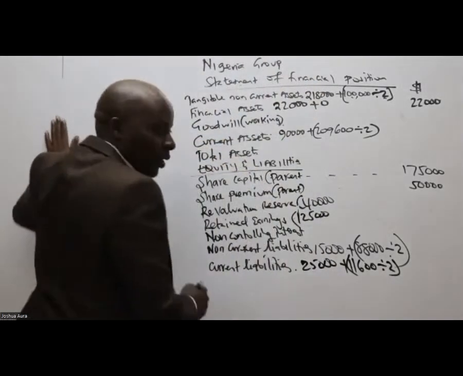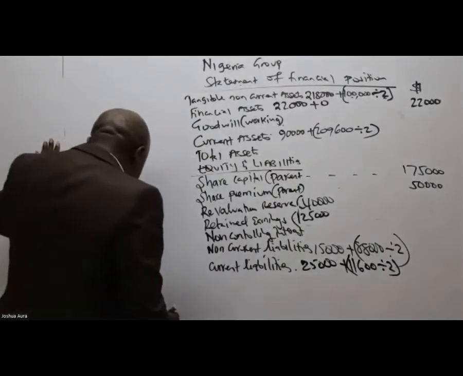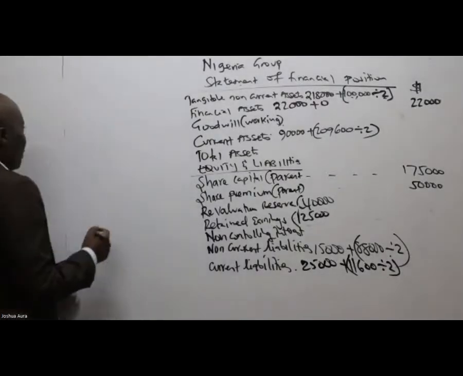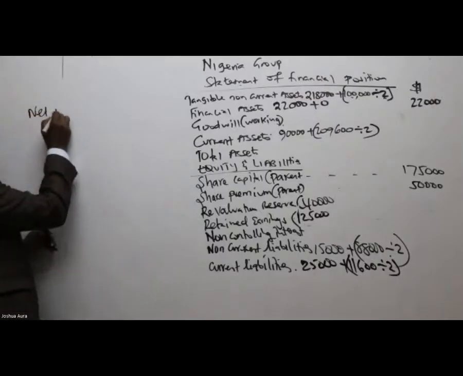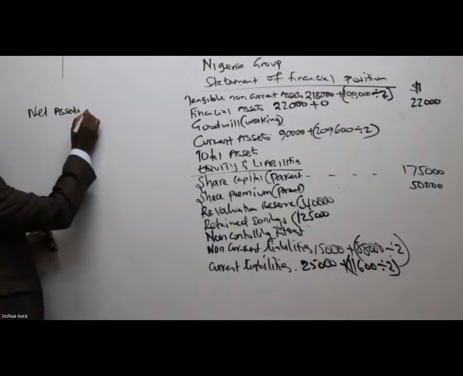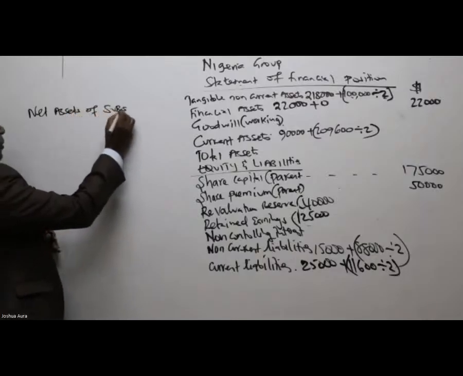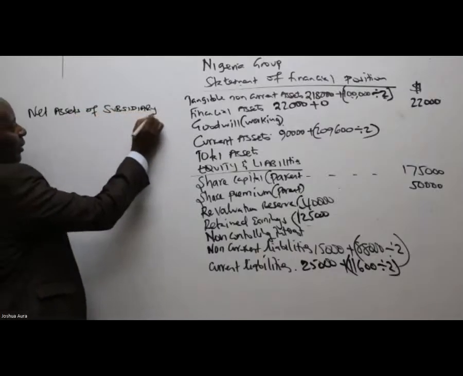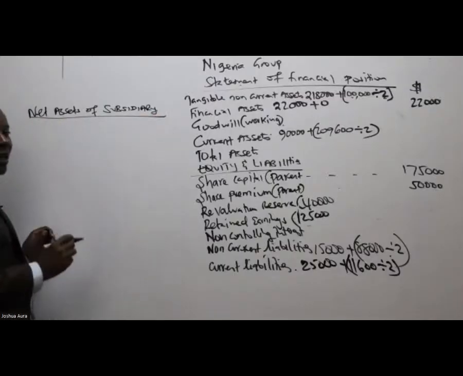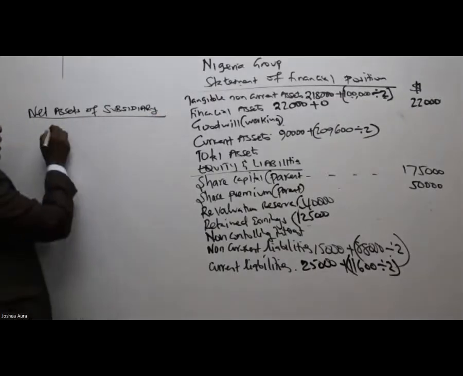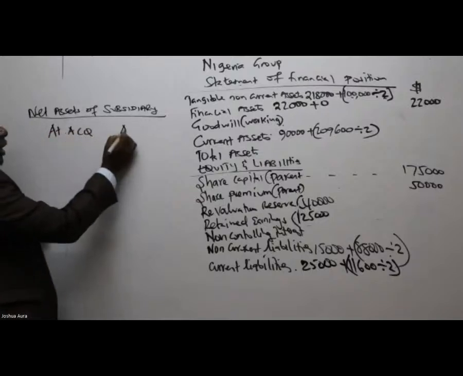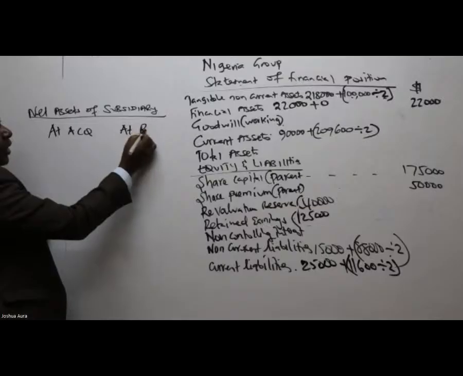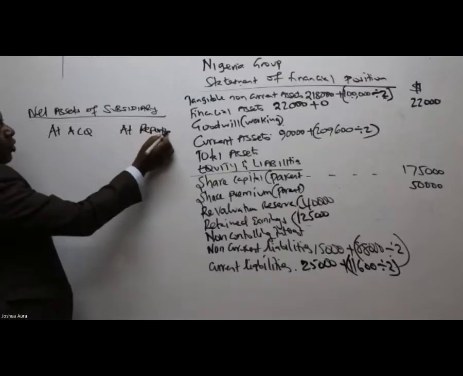So now we are dealing with the net assets of the subsidiary. Three marks really. Remember, we have to give net assets at acquisition and at reporting, two of them.